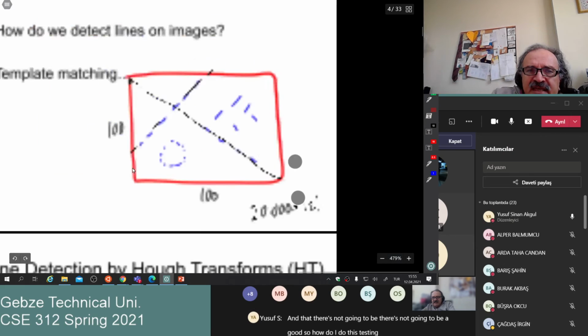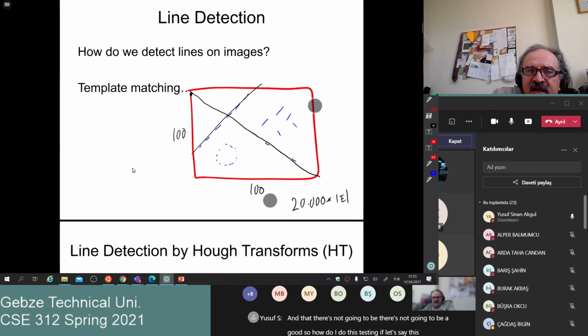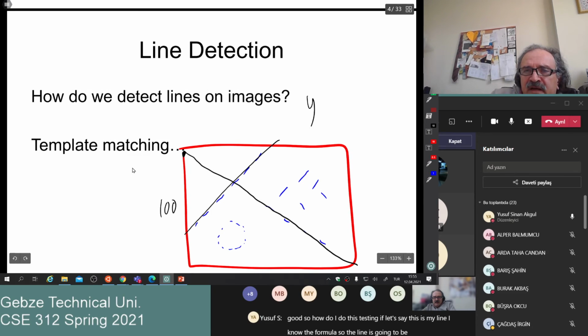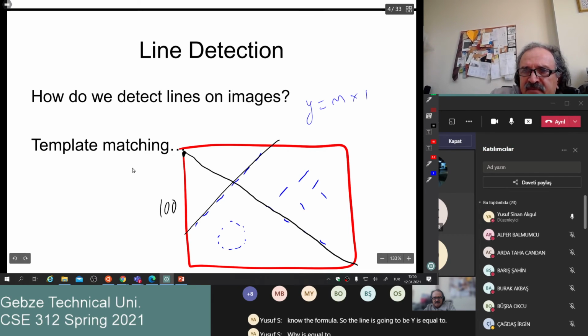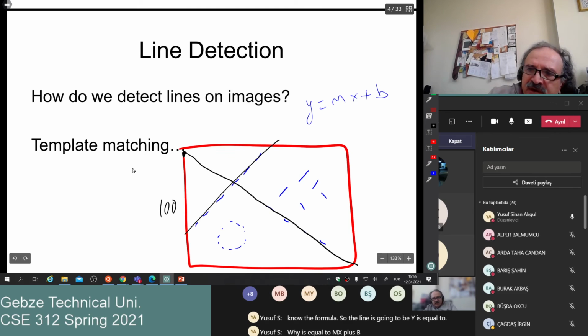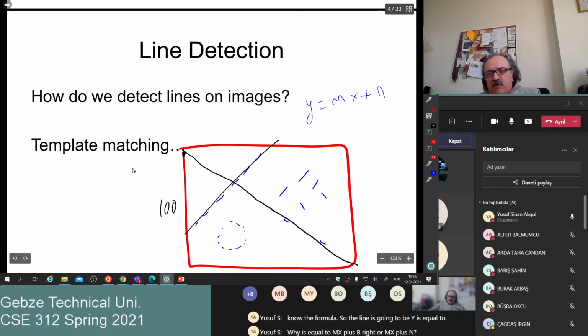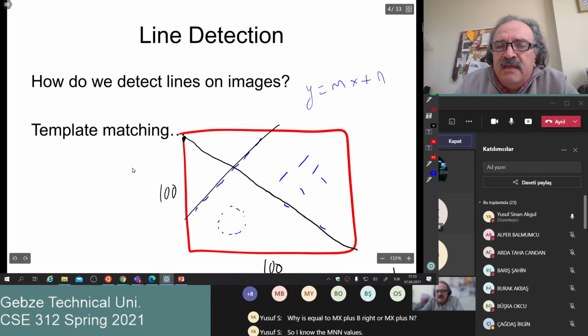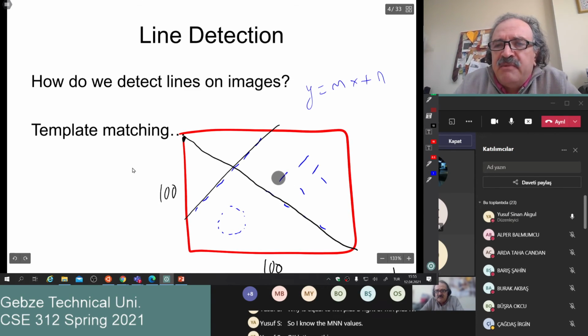If, let's say, this is my line, I know the formula. So the line is going to be y equals mx plus b, or mx plus n. So I know the m and n values. Let's say this point is 100 by 100.